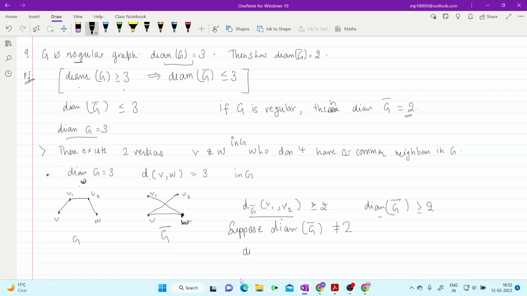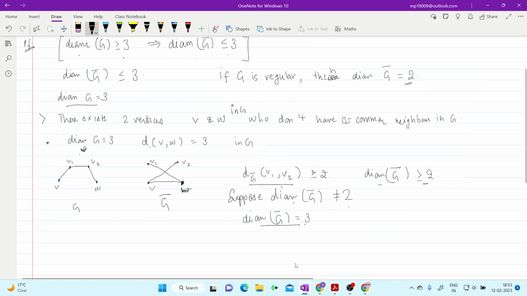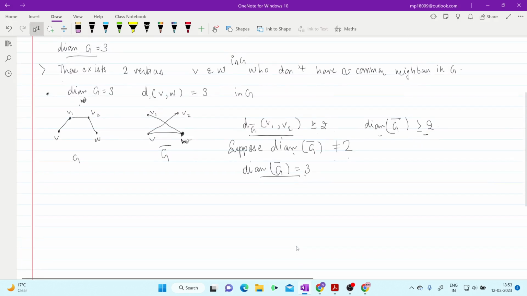Therefore, there is just one possibility, that the diameter of G bar has to be 3. Right? Because from this result, diameter G bar should be less than or equal to 3, and we are assuming diameter G bar is not equal to 2, and diameter G bar has to be greater than or equal to 2. Therefore, there is just one possibility for diameter G bar, which is 3.